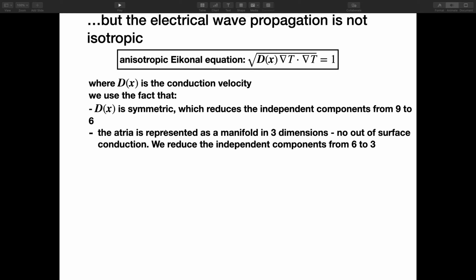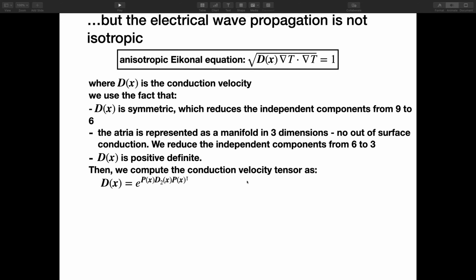I mean, the wave can only travel on the atrial surface. And with that, we reduce this from a 3-dimensional tensor to a 2-dimensional tensor. And also we know that D is a positive definite tensor. So with all that in mind, we can compute the conduction velocity tensor like this.